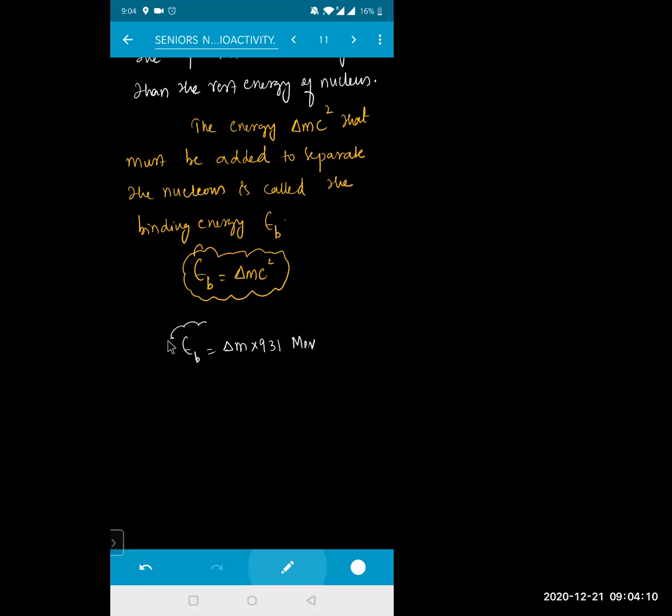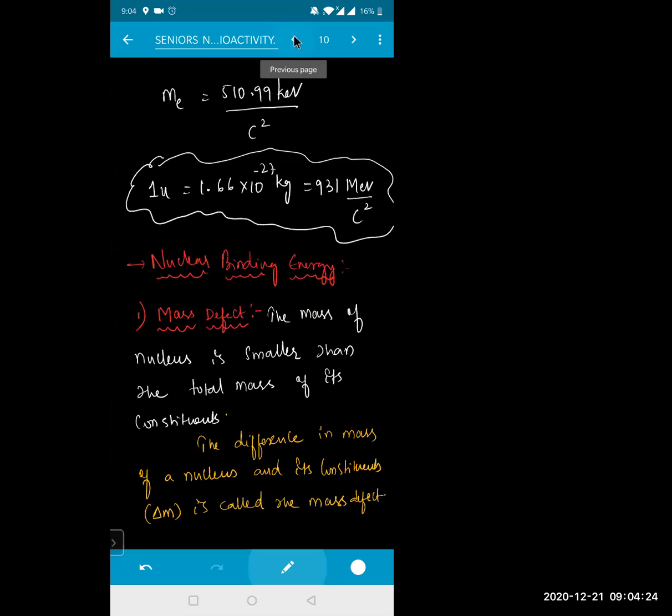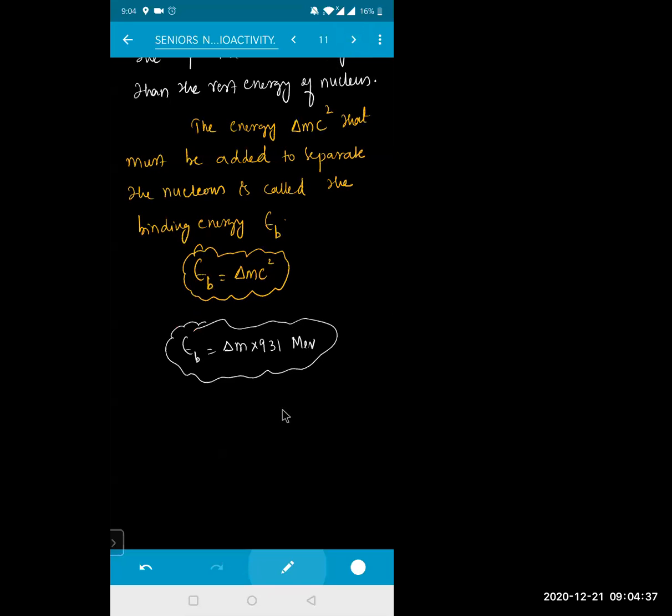If I'm writing in terms of mega electron volt, then multiply the mass defect with 931. That will give me the answer for the given condition. Okay, I am writing the c square value, that's all. Right, c square value we already got here. See what we got here: one atomic mass unit is equal to 931 MeV. That means c square is equal to 931 MeV. I wrote that value here indirectly, basically. Okay?